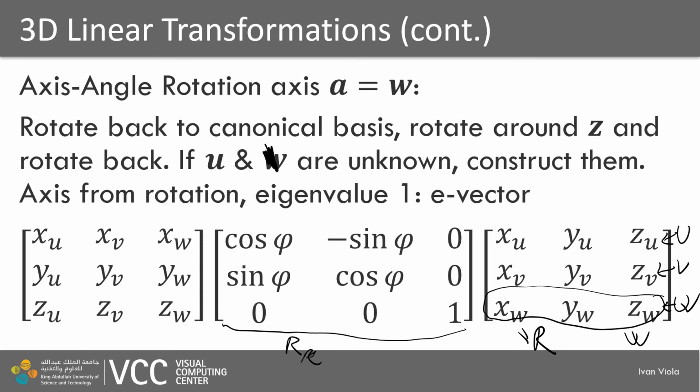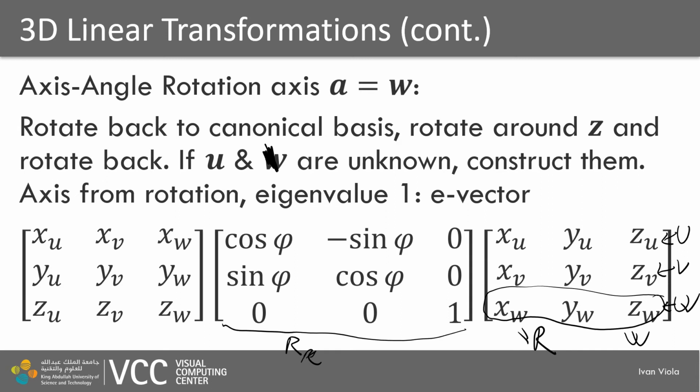So first we rotated our axis w and the coordinate system UVW so that the W is aligned with the Z. Then we are rotating around the Z axis with some particular angle phi.